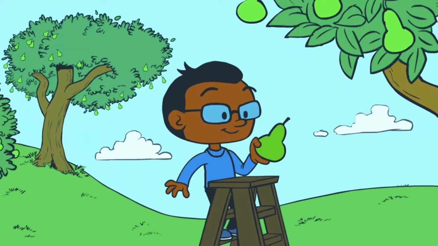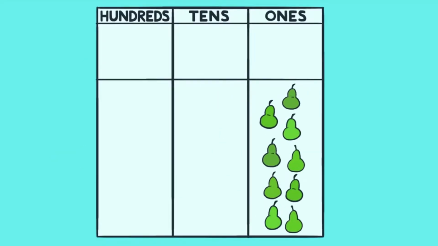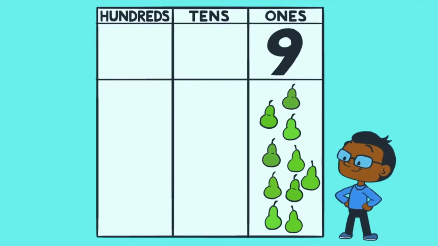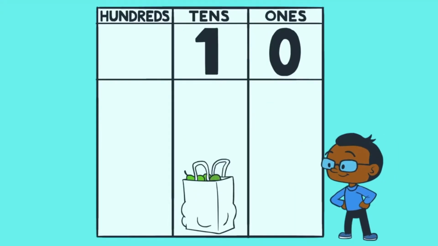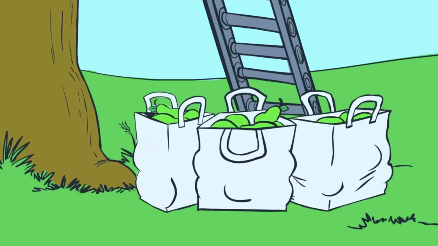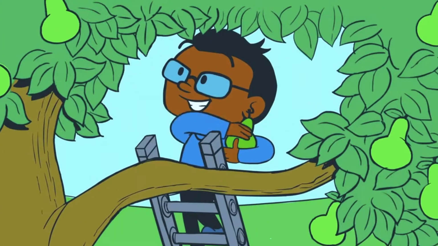Picking pairs, I got 1, 2, 3, 4, 5, 6, 7, 8, 9. That's all that fit inside the ones place value line. So I picked another pair and made a group of 10 that fit into a bag perfectly even. 20, 30, 40, 50, 60, 70, 80, 90. I had to keep picking pairs of hunger I had to feed.